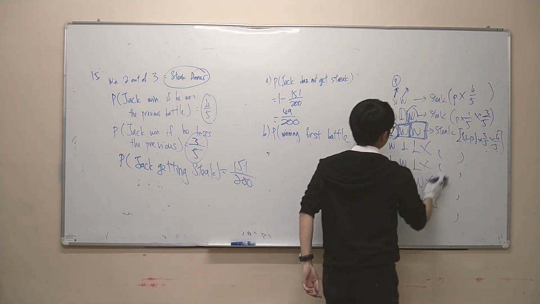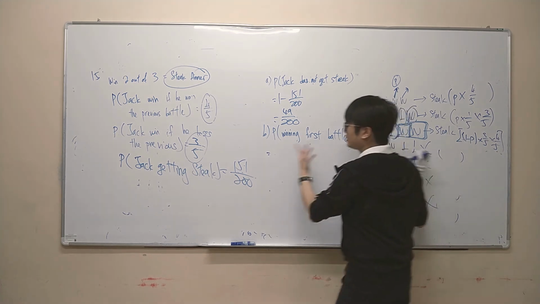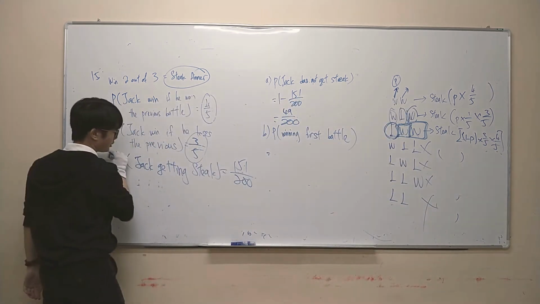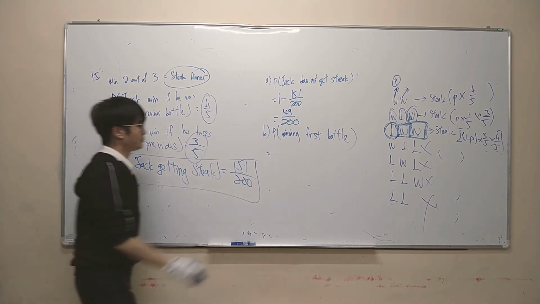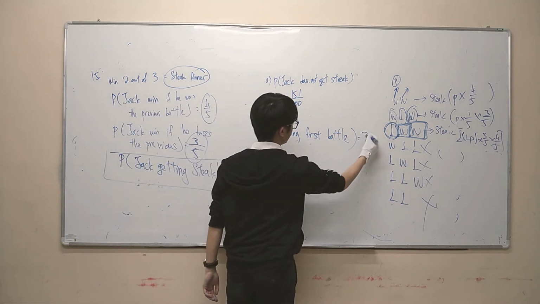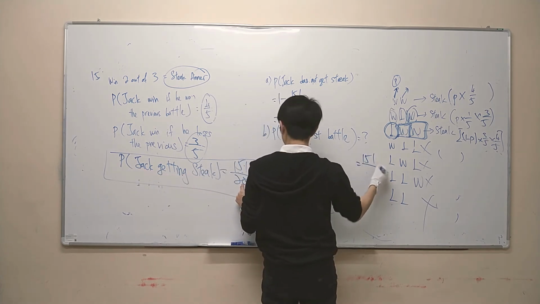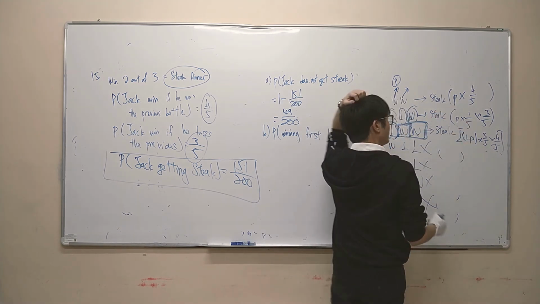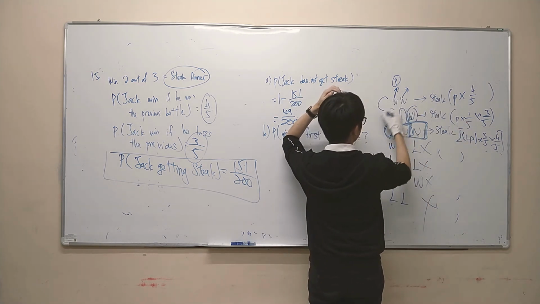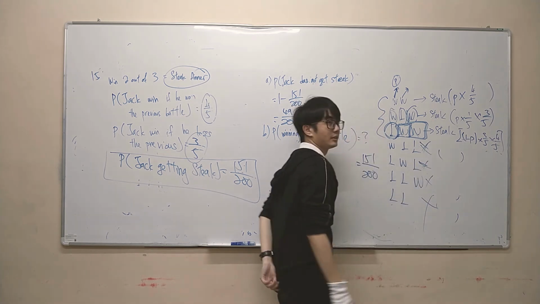But what does the question want? The probability of winning the first battle. And don't forget that they already give you the probability of Jack getting a state, which is 151 over 200. It means the probability of this one plus this one plus this one, because the probability of getting a state is only these three. This one you don't get a state, this one you don't get a state.